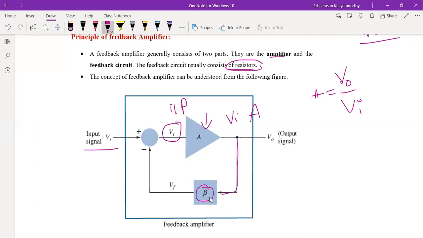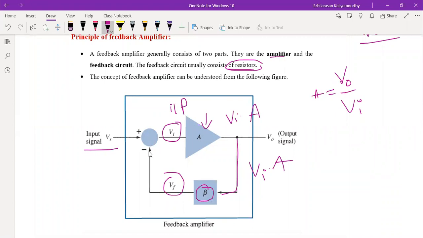Now that is fed into the feedback circuit, which has gain beta. Here it is Vf, the feedback voltage. What is the feedback voltage? Vf is equal to Vi into A into beta, or Vf is equal to V naught into beta, because this is also a gain factor.